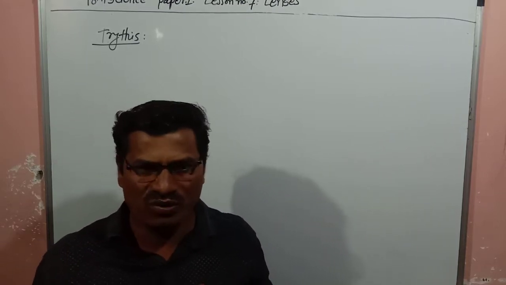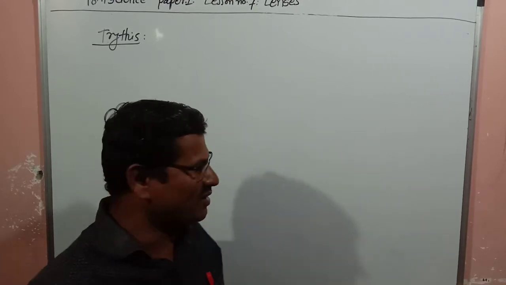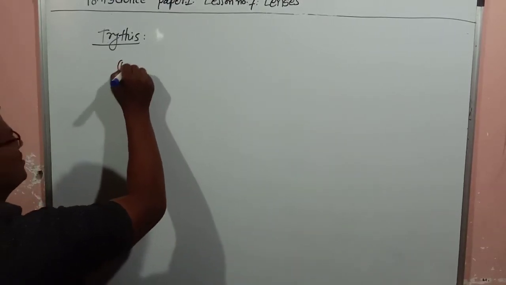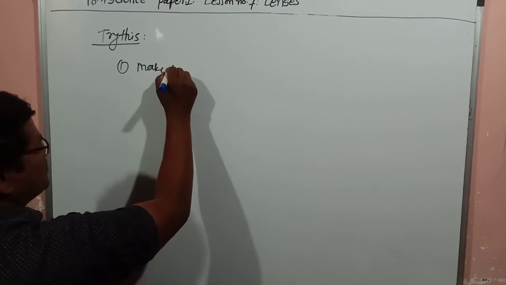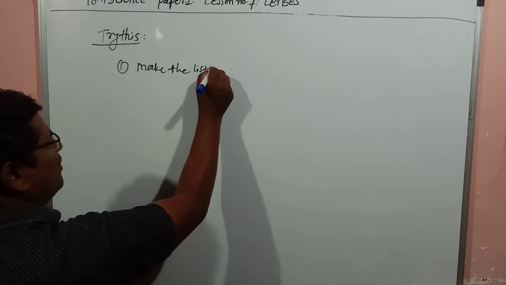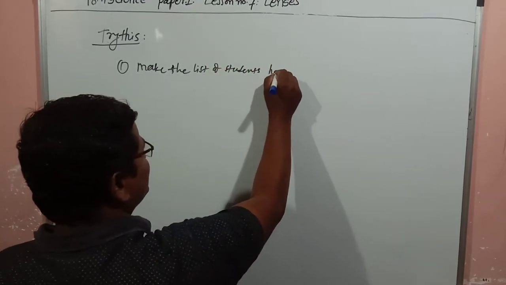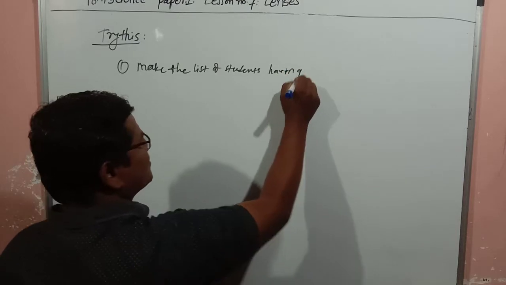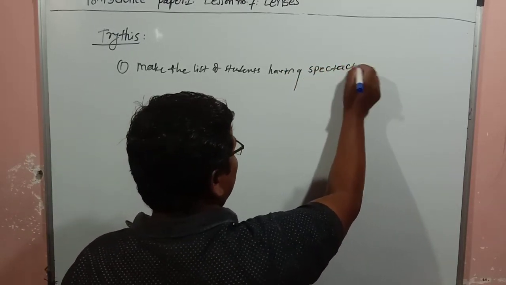According to what we have studied before, suppose concave lens is there. First, you have to make a list of students using spectacles.